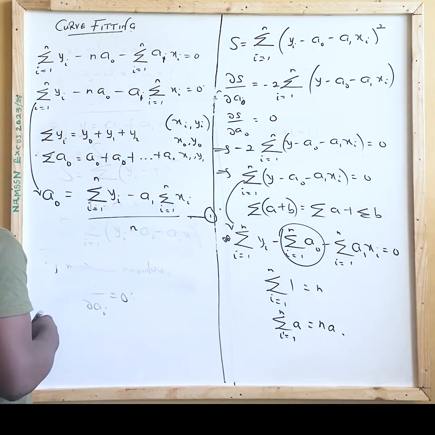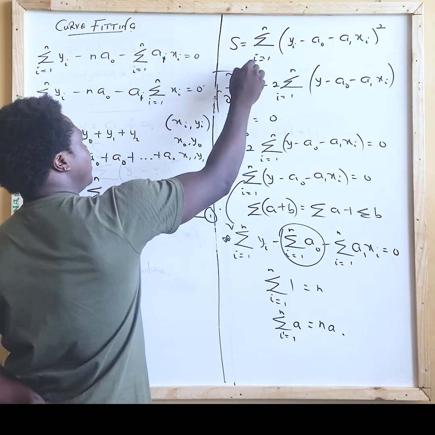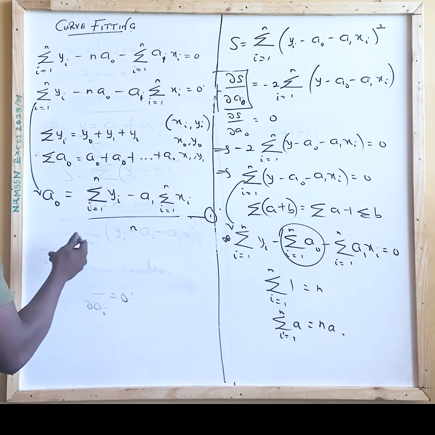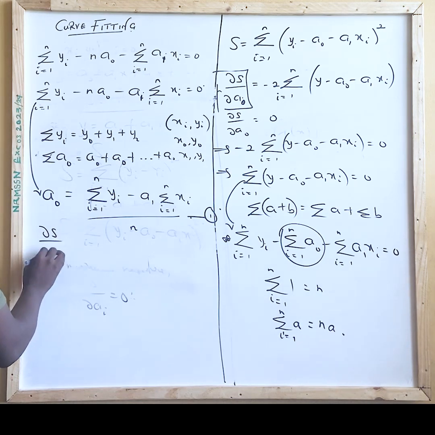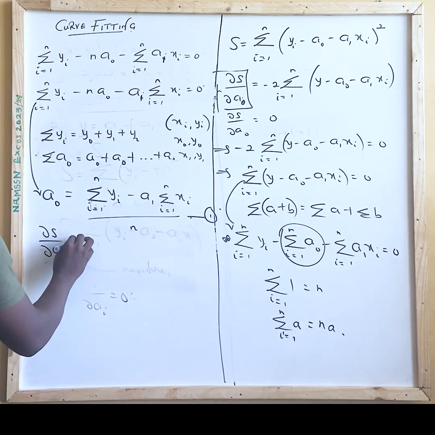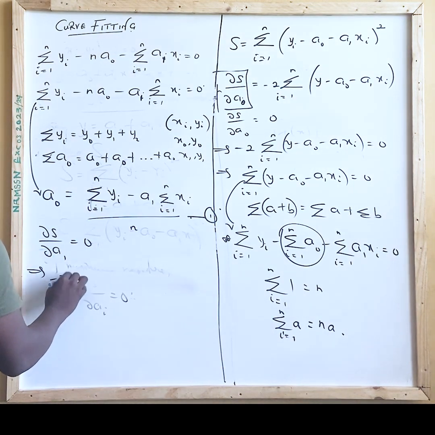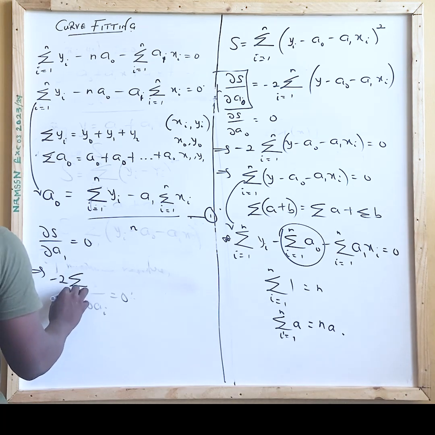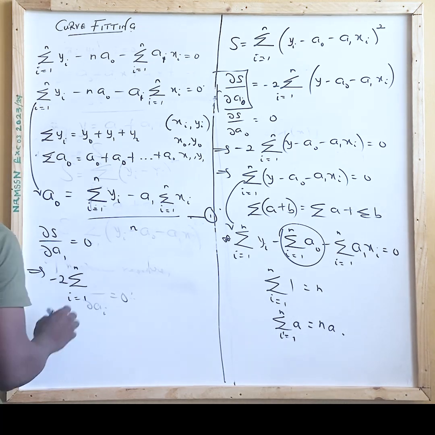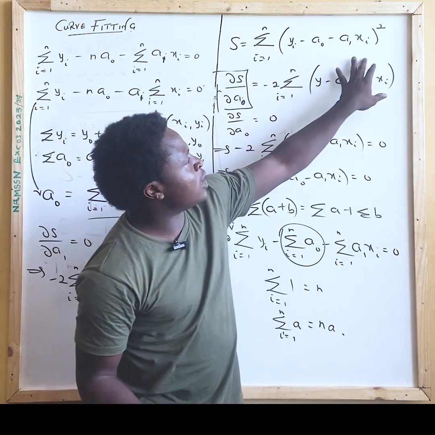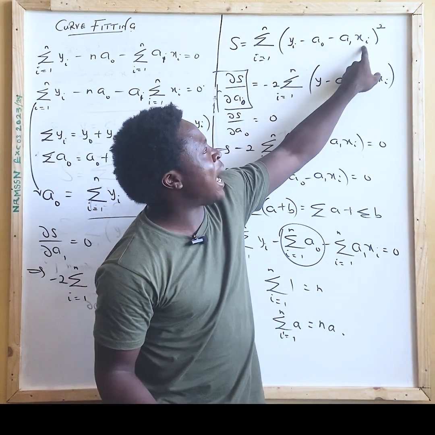Remember, everything we've done so far is from the derivative with respect to a naught. We still have to take care of the derivative with respect to a1. So let's see, what will make it 0? It will imply that we'll be having our derivative to be, again, minus 2 summation i from 1 to n. Differentiating with respect to a1 means I'll be having minus xi.